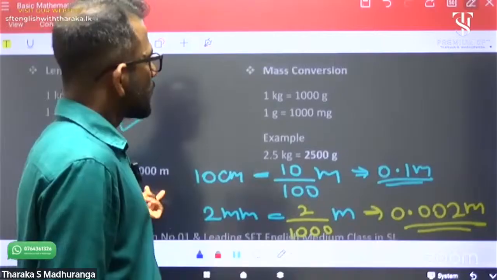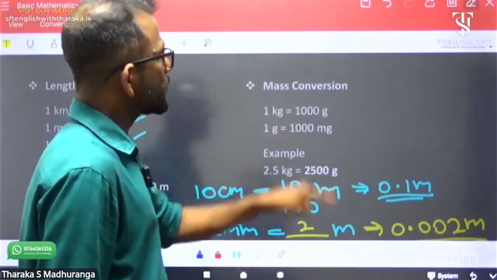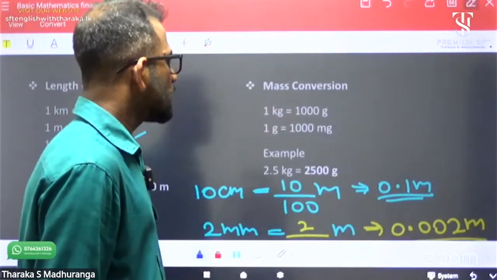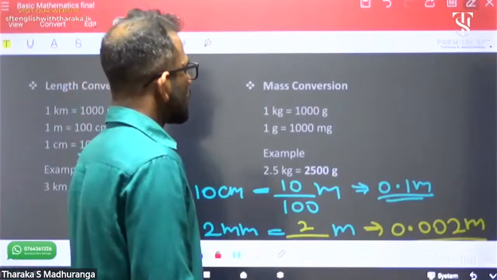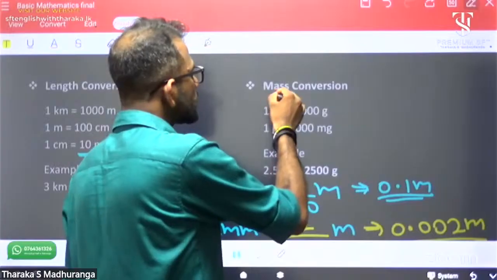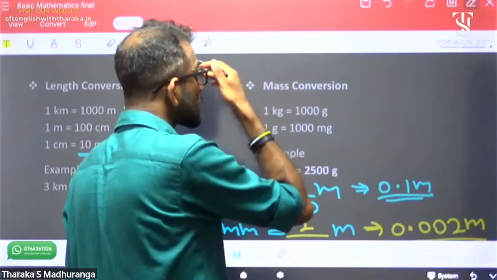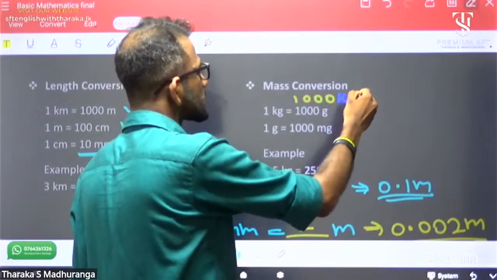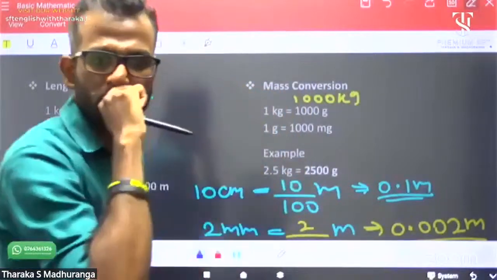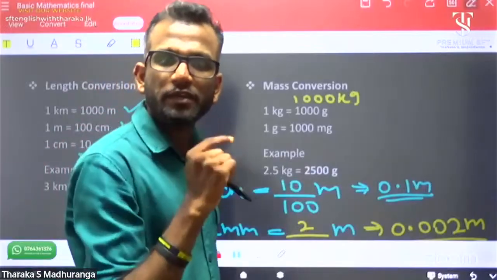Now I have given 1 kilogram equals 1000 grams, 1 gram equals 1000 milligrams. If you have 1000 kilograms, what is this? 1000 kilograms equals what?